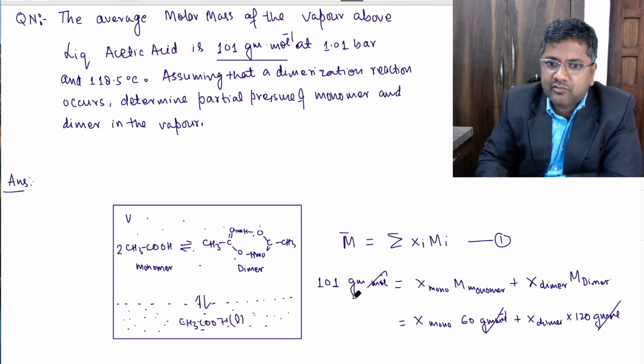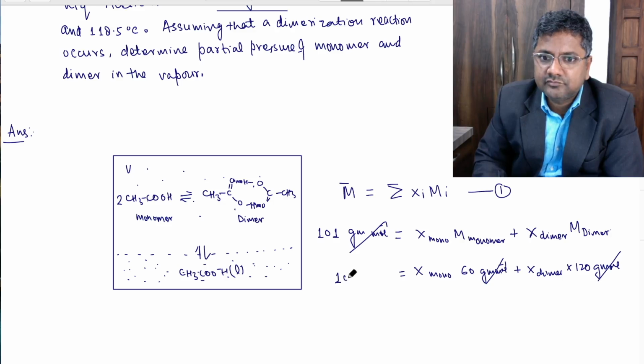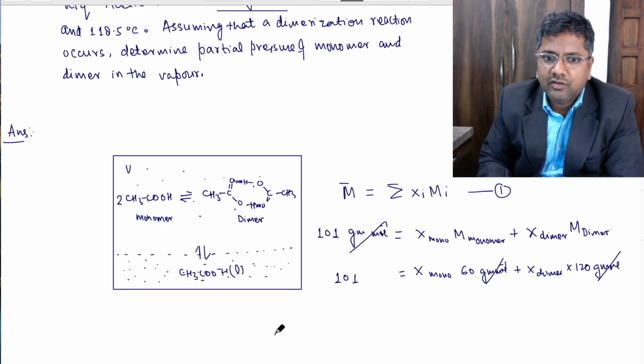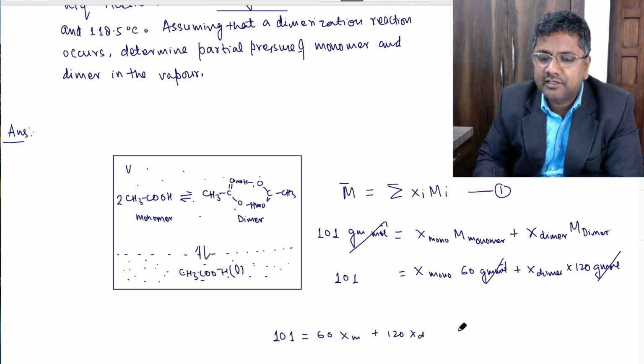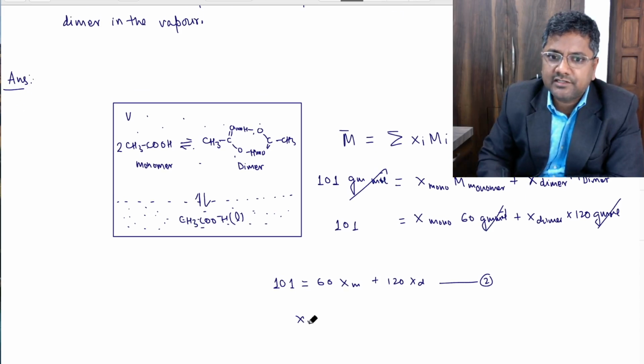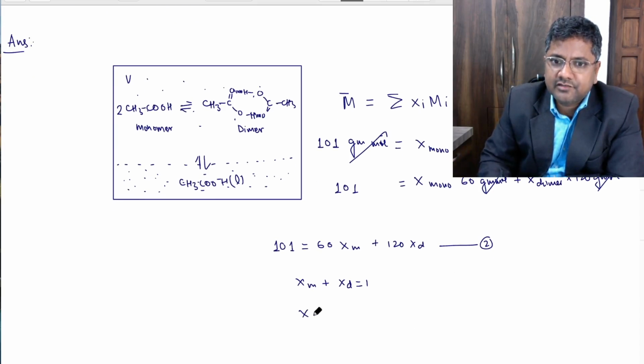Grams per mole cancel. So here 101 is equal to 60 x monomer plus 120 x dimer. This is equation 2. And one more equation we can write: x monomer plus x dimer is equal to 1. So x monomer is equal to 1 minus x dimer.